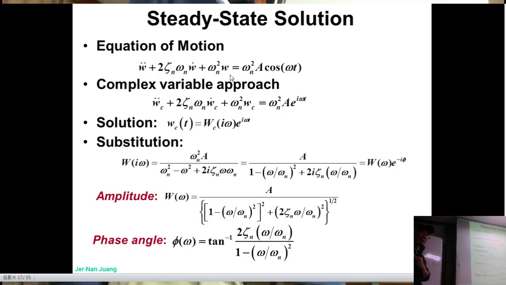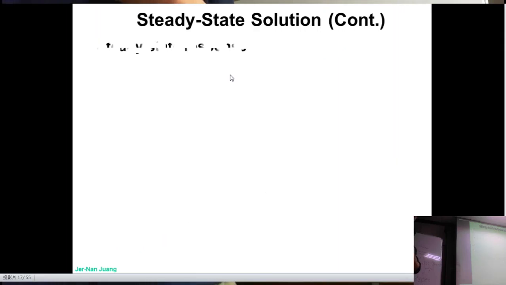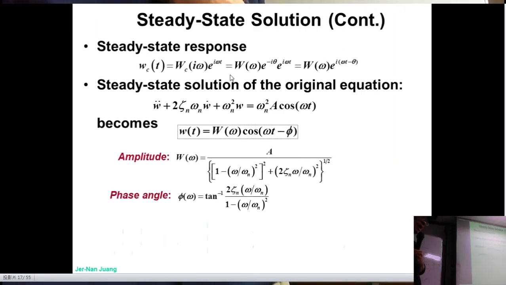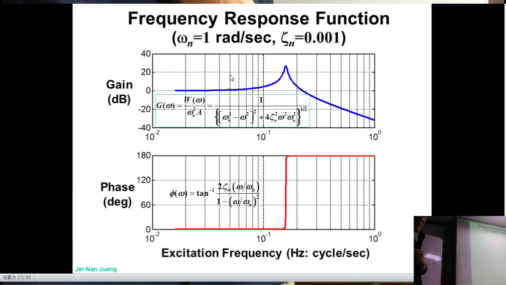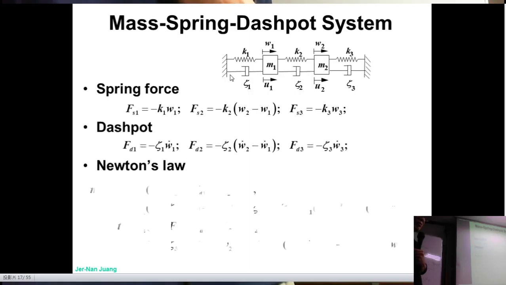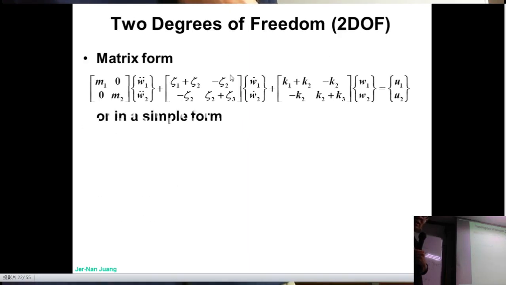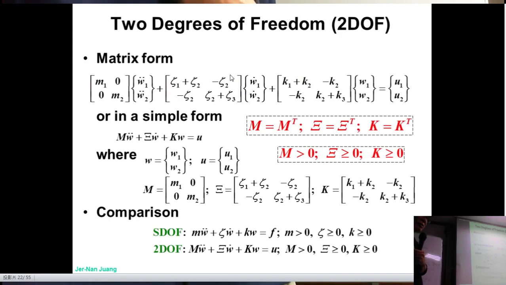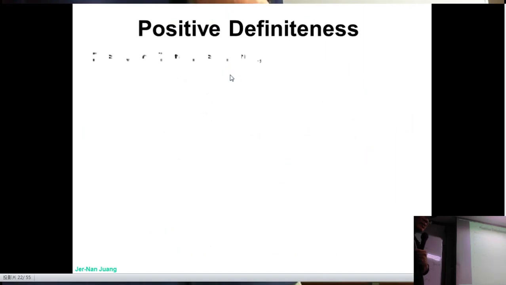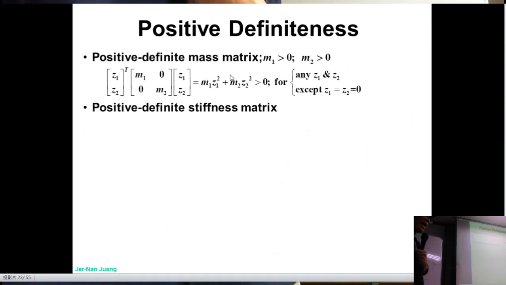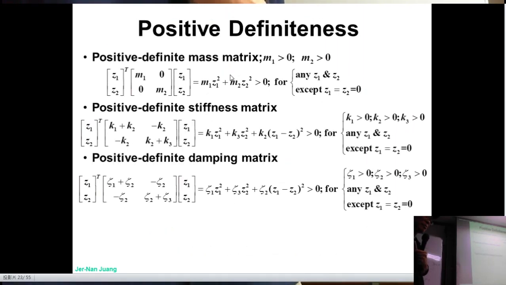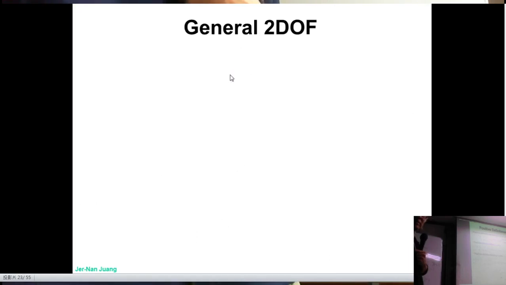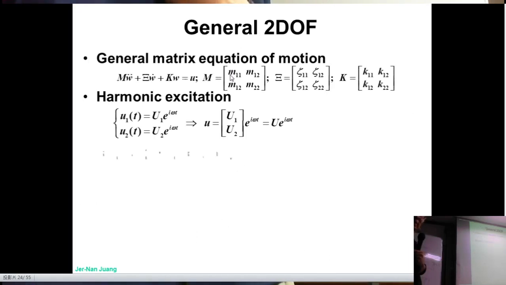That's exactly the message I try to pass to you today. Doesn't matter how many degrees of freedom, you transform to the modal coordinate, you can look at them to be only n single degree of freedom systems added together by your input. Okay?